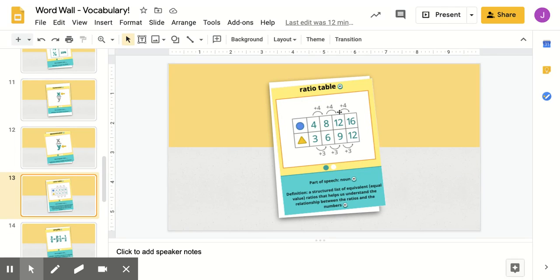And finally, we add 4 again to the top and 3 again to the bottom, and we see 16 blue circles to 12 yellow triangles. So this is just a list of equivalent ratios that helps us understand the relationship between the ratios of blue circles to yellow triangles.